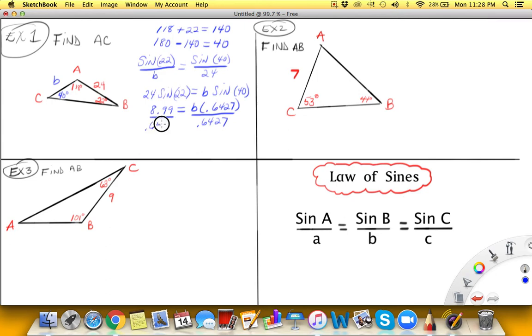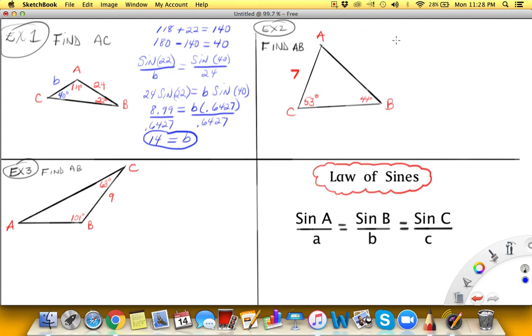When we do that, that's going to give us 14 on the left hand side is equal to b. So this tells me that the length of segment AC, which is actually b, is going to be 14 units. So that's our solution. They were asking us to find segment AC, which once again I substituted b for, and it's going to be equal to 14.